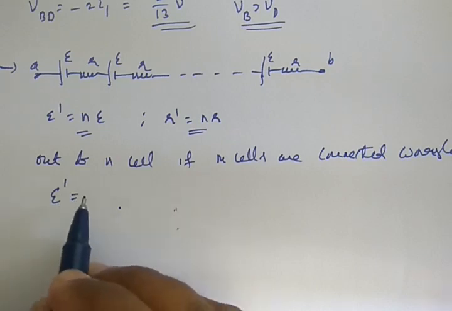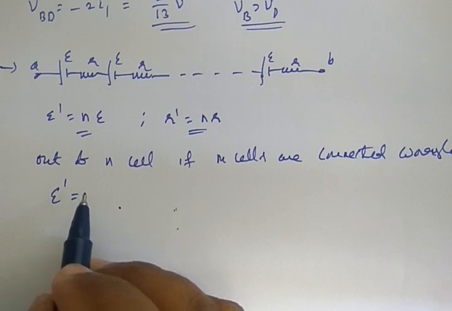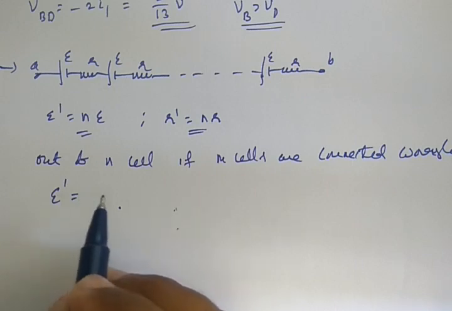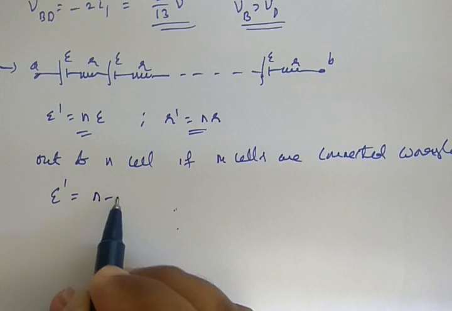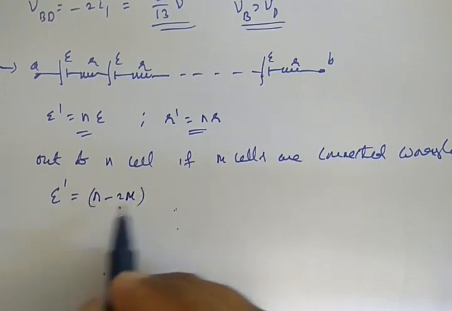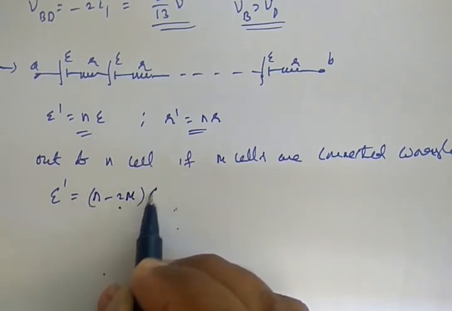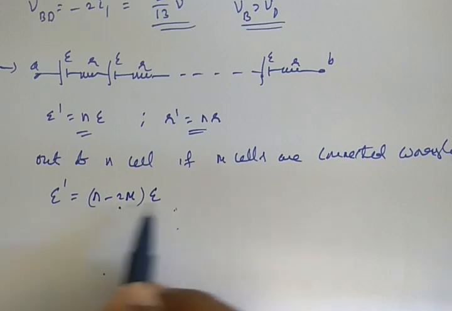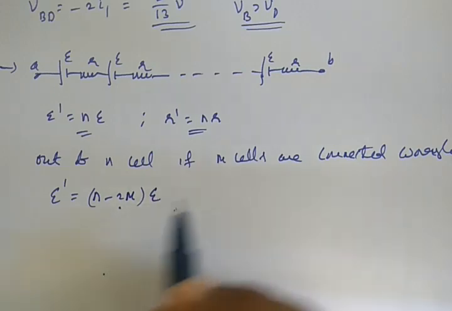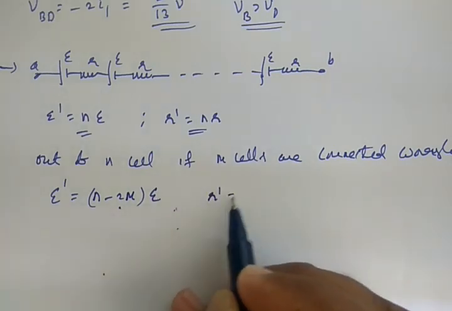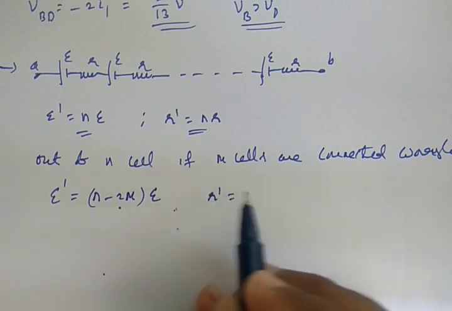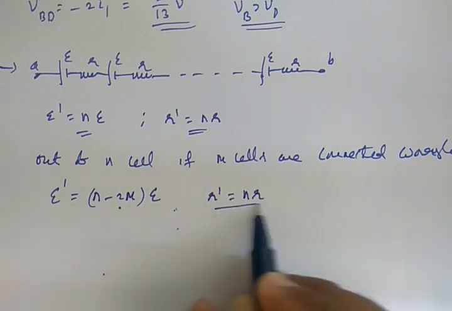So if you remove 2m cells from n cells, then the total number of cells will be n minus 2m, and the EMF of each cell is E. So this will be the EMF of the combination. And the net internal resistance of the batteries will be the same.